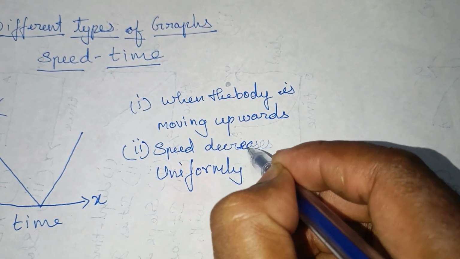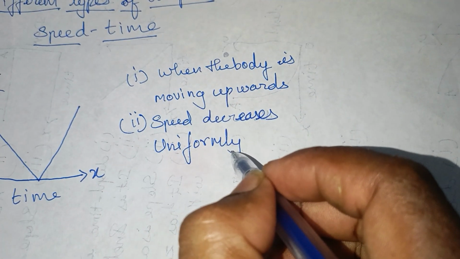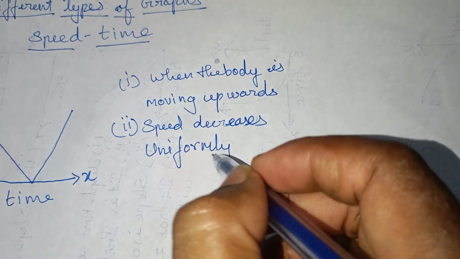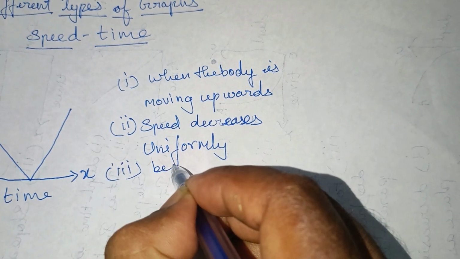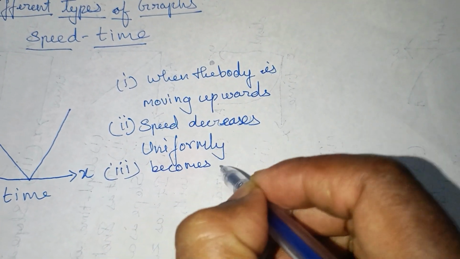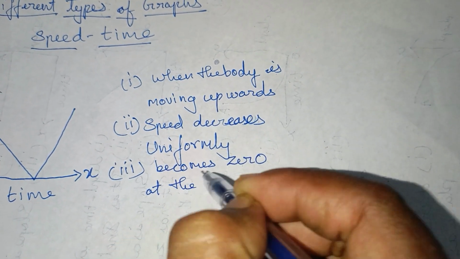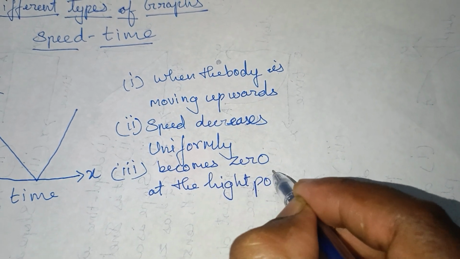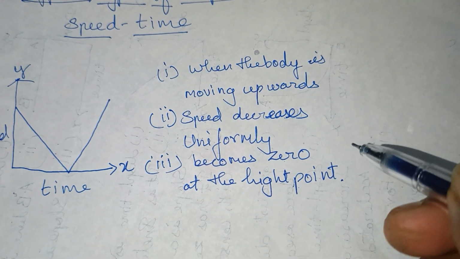The speed decreases uniformly as the body moves upward, and it becomes zero at the highest point. You know why? Because that is the highest point of the body which is moving upward.